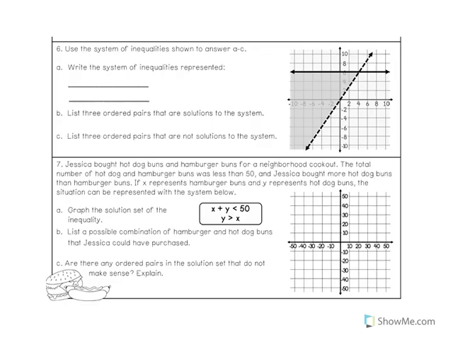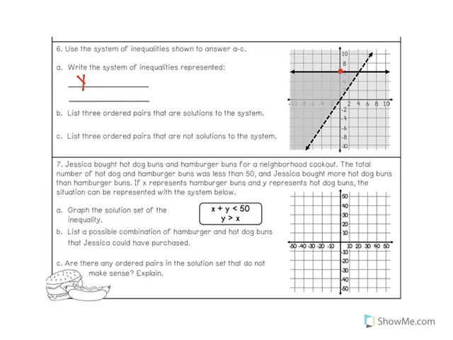We're going to use the systems of inequalities shown to answer A through C. So what we're going to start with is we're going to write the systems of inequalities that they represent. So we're going to start with the solid line. I can see that it crosses at +6, and it crosses the y-axis, so that would be y, and these are numbers when shaded are below.